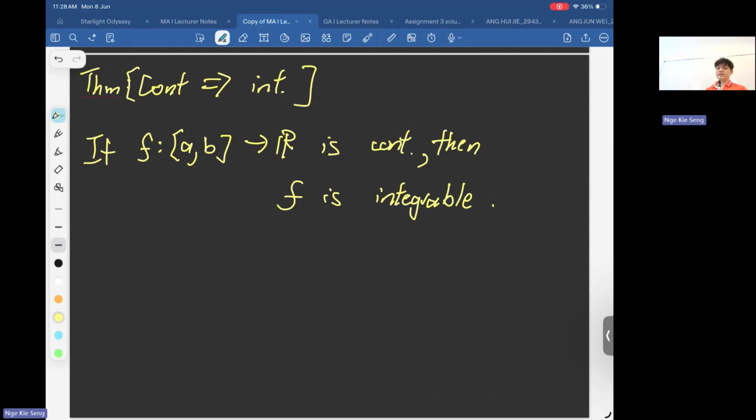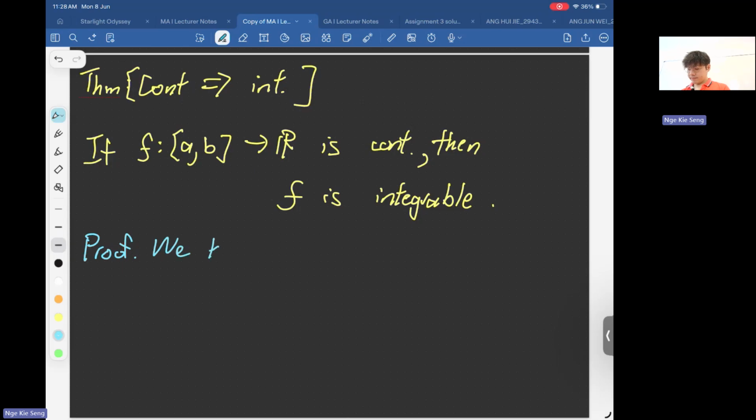If it's continuous, what does it mean? On a bounded closed set, you will have your extreme values, the extreme value theorem. You can hit your maximum and minimum. So let's write down those things.